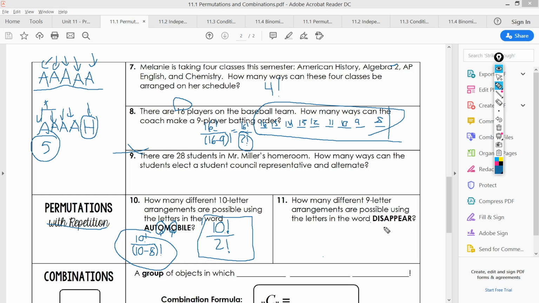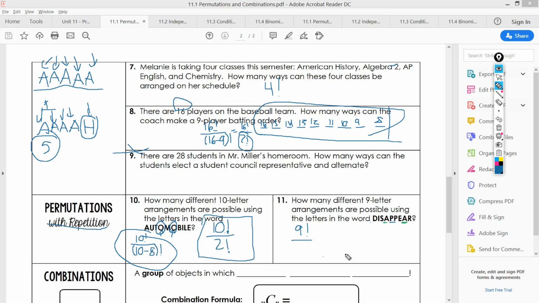What do I have disappear? Well, I have 2 doubles here, PP and AA. Well, first, it's 9 letters, so I have 9 factorial. And now there are 2 pairs that can be doubled up.